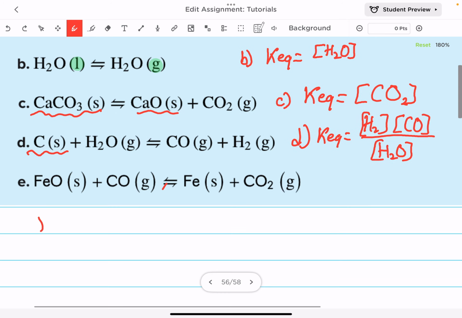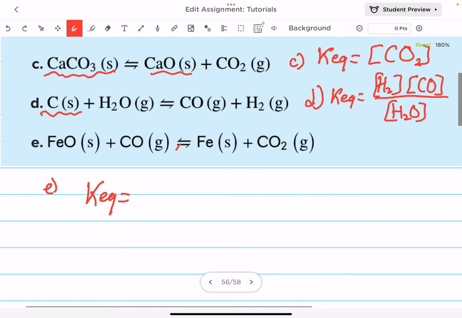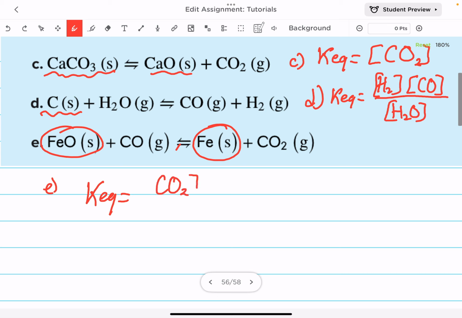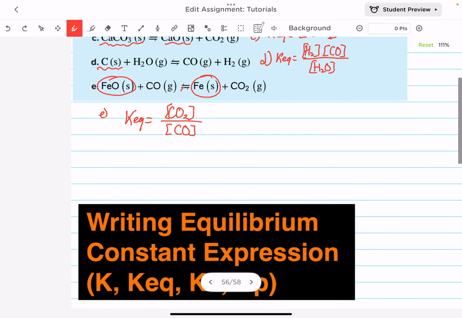And last example, K equilibrium is equal to, Fe and FeO will not be involved in this formula, in this equation. So it's the concentration of CO2 over the concentration of CO.